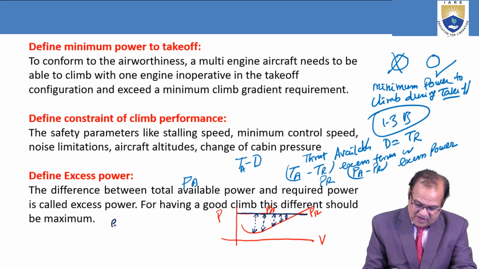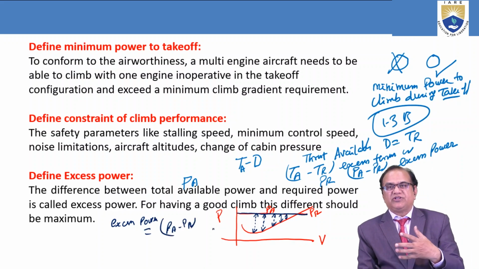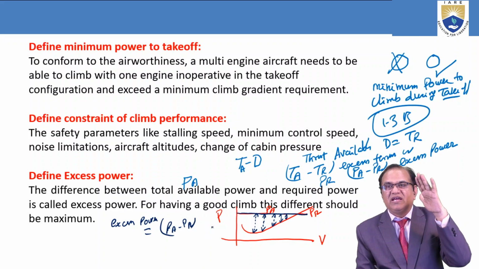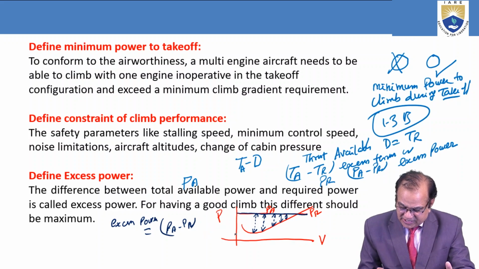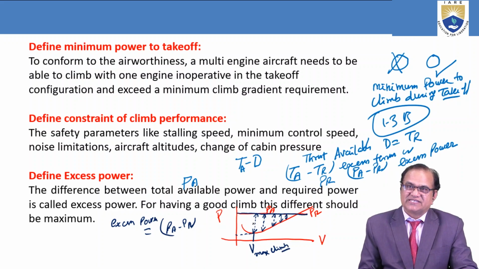This is called excess power. So PA minus PR, and as much as you have this value, that much the aircraft will be able to climb. And this is the velocity for max climb, because here you have the highest excess power.